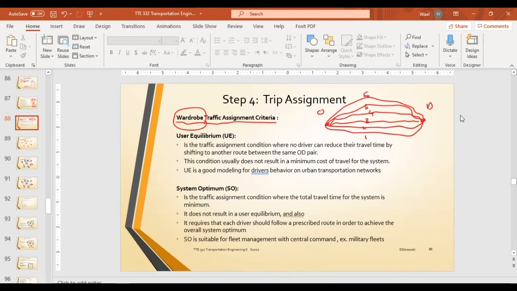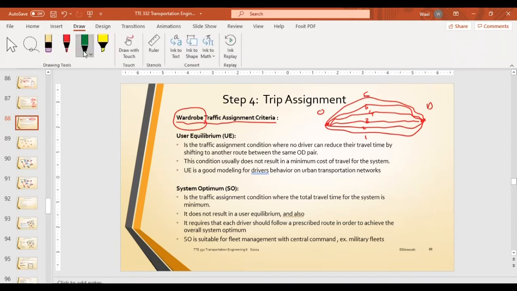If one driver uses this route, and another driver, say, uses this route, so there are different drivers assigned to different routes. In user equilibrium, if this driver shifts to the other route, he's not going to improve his time. Maybe the distance on these routes is different, but the travel time on all these routes is almost the same. Clear? This is the idea of user equilibrium.